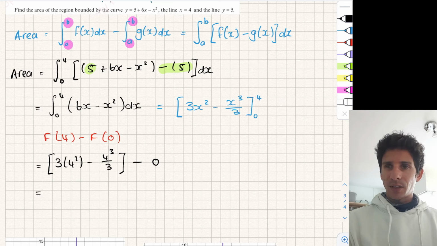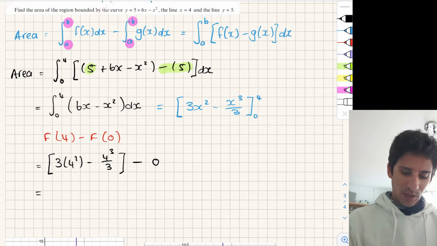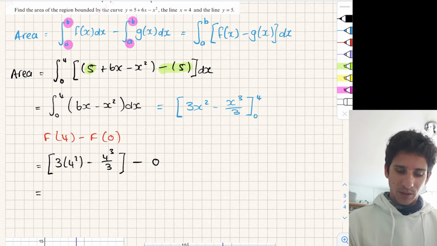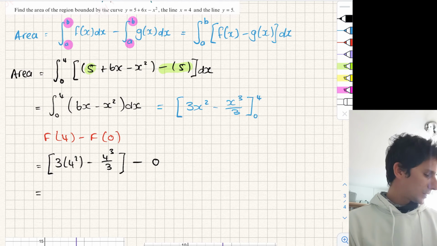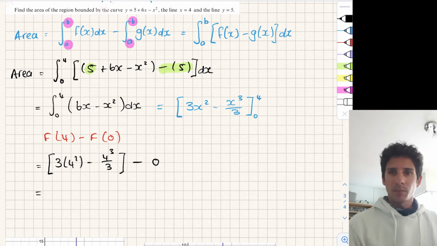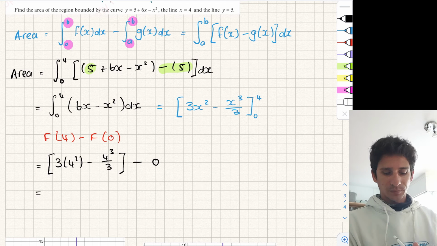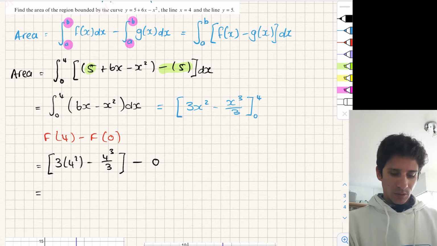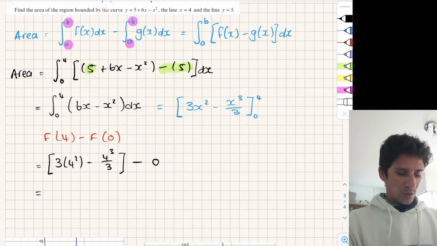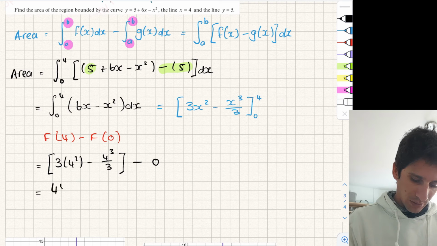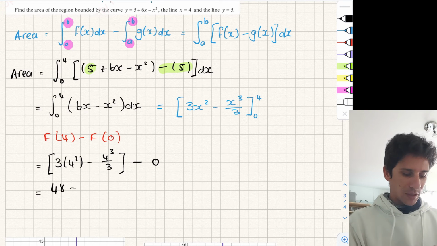Okay, that just leaves the inside of the bracket, so we can see we have 4 squared, which is going to be 16 times 3, right? So let me grab my trusty calculator here. We have 4 squared times 3, which is 48, and we're going to take away 4 cubed on 3.